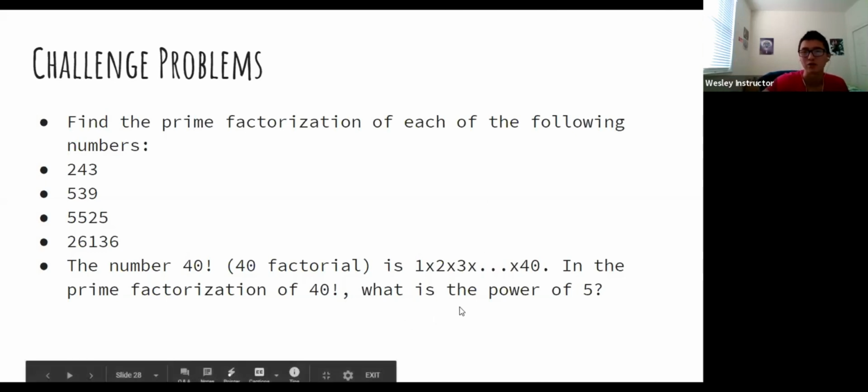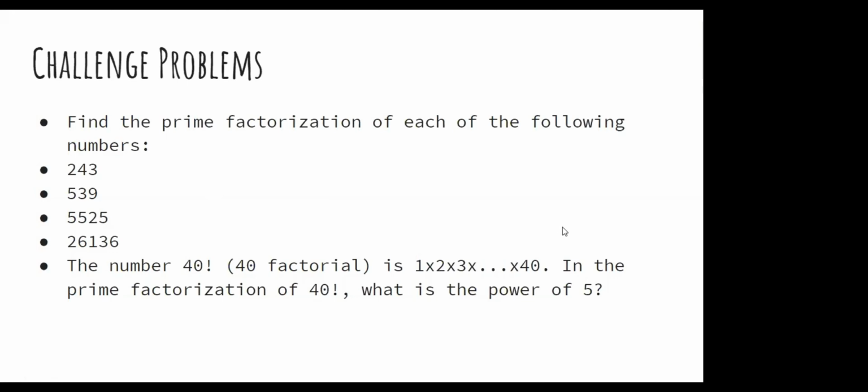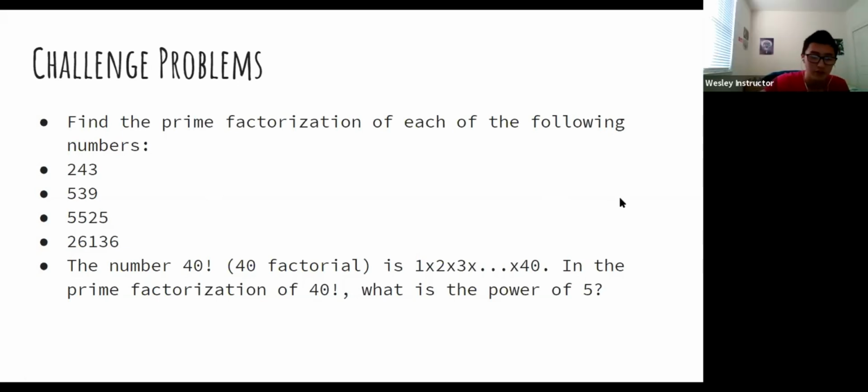So that means we add 1. So it's 8 plus 1, and the answer is 5 to the 9th. For the last one, you're just focusing on the prime factorizations of the numbers. Excuse me, can you repeat the 26,136? Yeah, the answer is 2 to the 3rd times 3 to the 3rd times 11 to the 2.